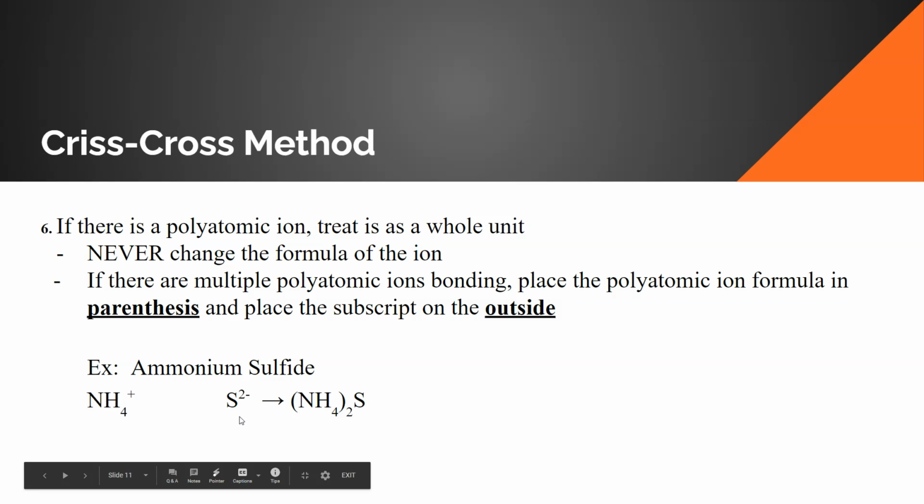This means there are 2 ammonium ions bonding with 1 sulfide ion to create a neutral formula unit. To show that, we put the NH4 in parentheses with the 2 subscript outside, and then we write the sulfur, and its 1 subscript is just implied. We would not change this 4 or any other subscript on a polyatomic ion.